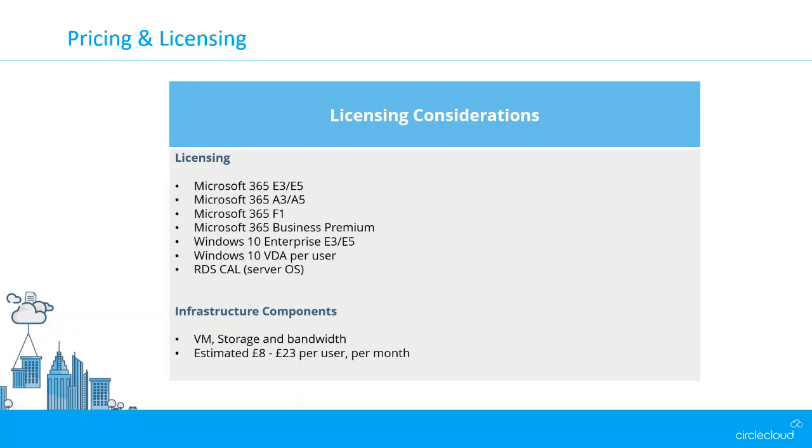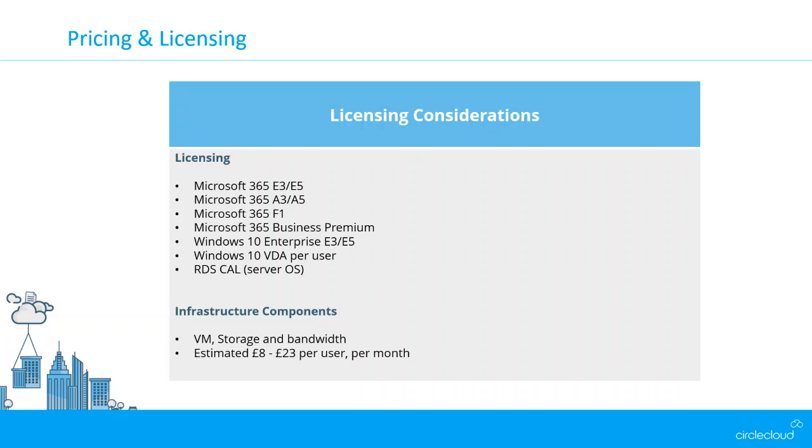So Microsoft 365 E3, E5, A3, E5, F1, and Business Premium even, which is a big one, as our SME customers use that. It supports virtual desktop and licenses it. The Windows 10 Enterprise license, either the E3 or E5 version, will support the virtual desktop.